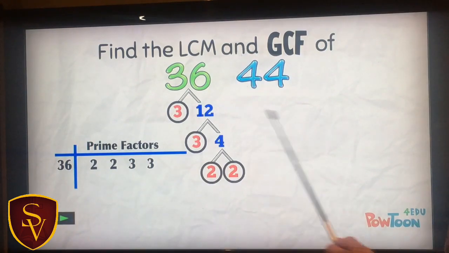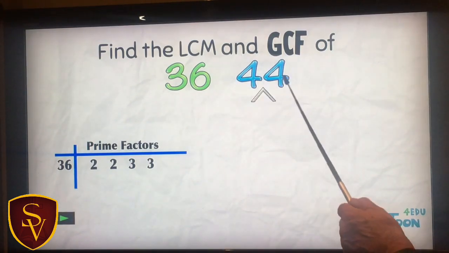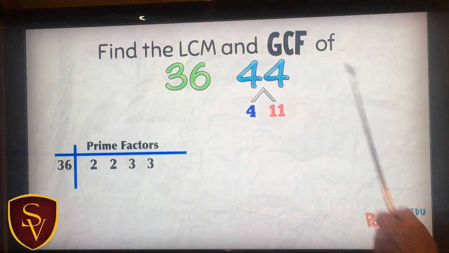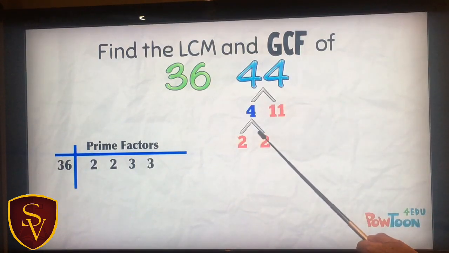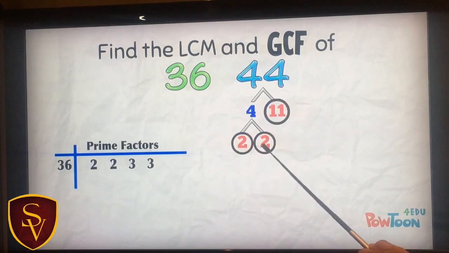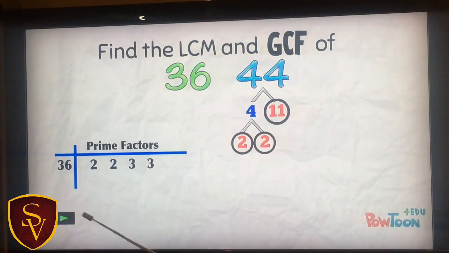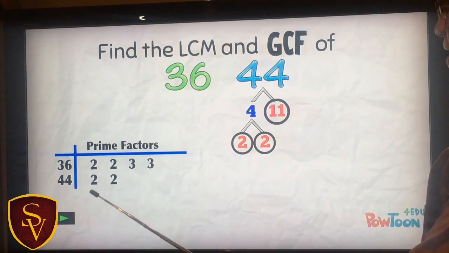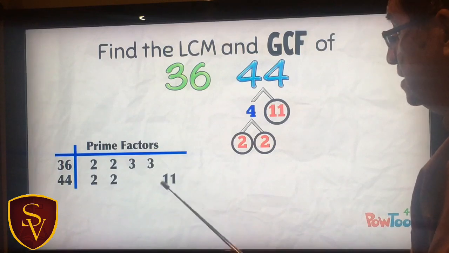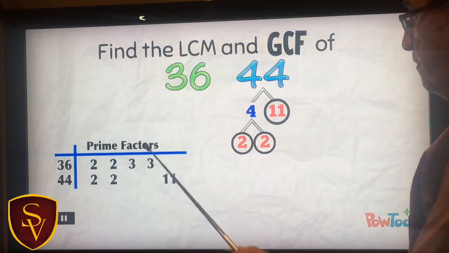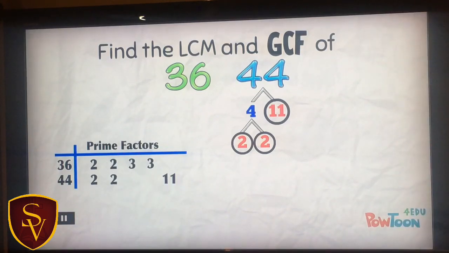Now let's find the prime factors for 44. We can see it: 4 times 11, 4 is 2 times 2, and 11 is a prime factor. So 44 is divided into its prime factors, 2, 2, and 11. But remember that we should follow the same column of the prime factors.